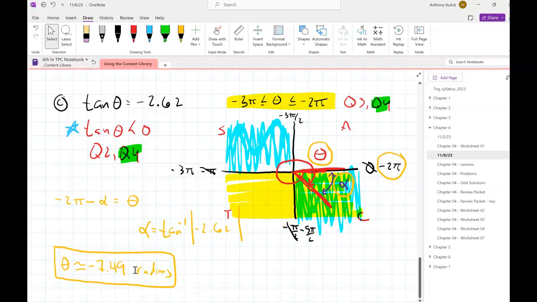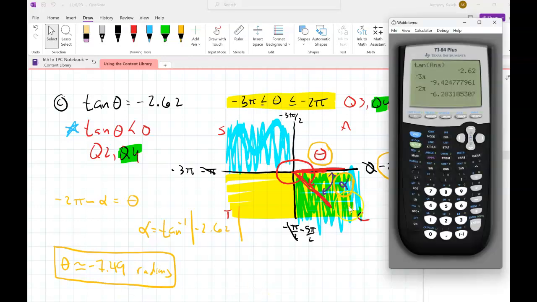The good news is, though, if you added alpha there, what's going to happen when you try to check? Is it going to work? No, it wouldn't have worked. Here, let's show you. So say we added alpha instead of subtracting. There's our answer.